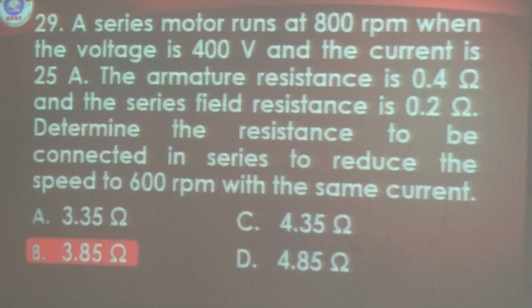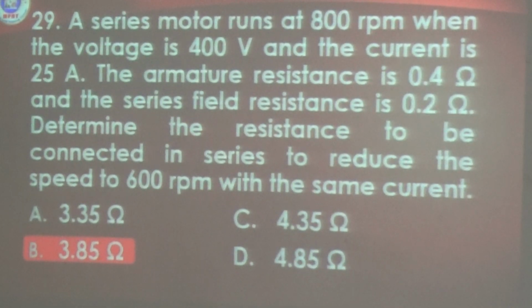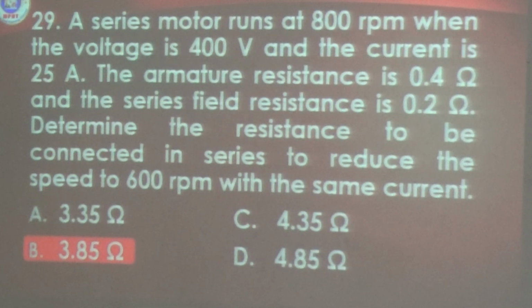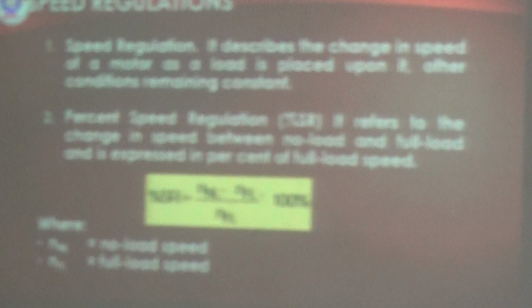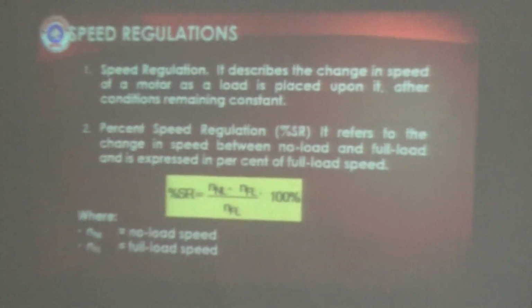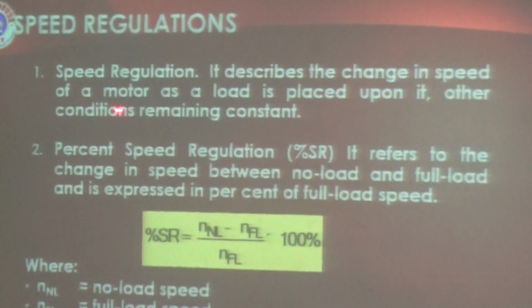And then, letter B. So for number 30, what's the 30? Wala pa. So speed regulation muna. Speed regulation describes the change in speed of a motor as a load is applied upon it, other conditions remain constant.